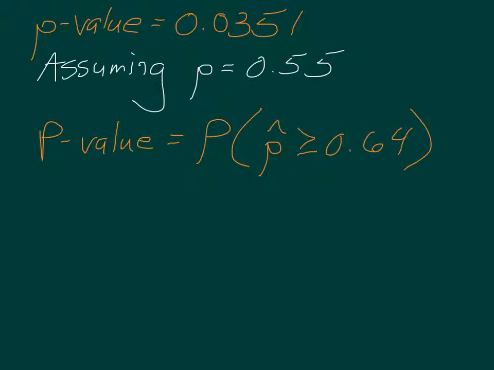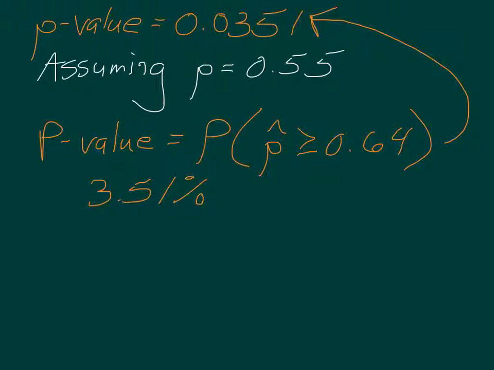Okay? That's what the p-value is, assuming that the real p is 0.55. And what we're seeing is that this probability is only 0.0351, or there's only a 3.51% chance that I take a survey of 100 people and get 64 or more people recognizing the brand.